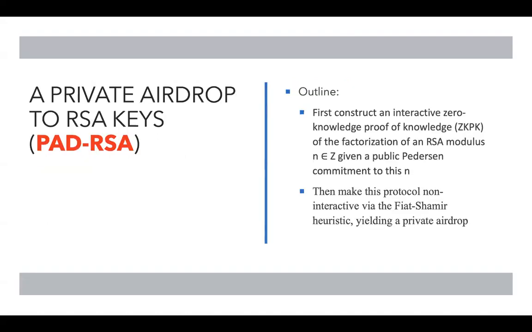Next, we will move on to a private airdrop to RSA keys. In this part, the paper proceeds in two steps. First, construct an interactive zero-knowledge proof of knowledge of the factorization of an RSA modulus and given the public Pedersen commitment to this end.